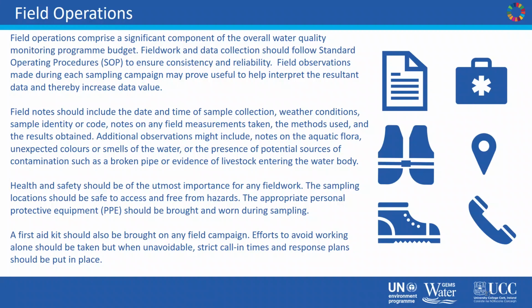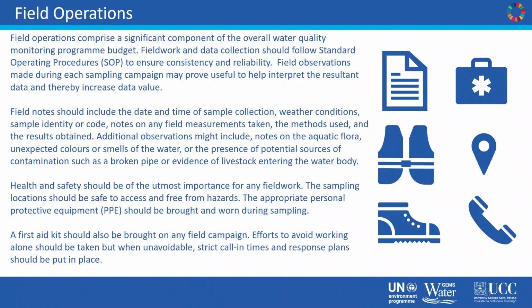Health and safety should be of utmost importance for any fieldwork campaign. Sampling locations should be designed to be safe to access during the design phase, but this needs to be checked during each campaign to make sure that nothing's changed and samples can still be collected safely and should be free from hazards.